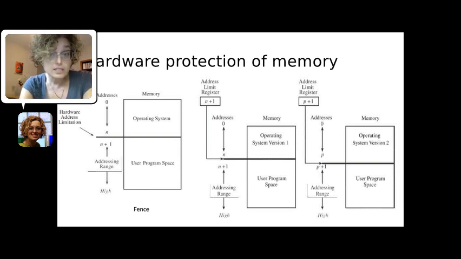And this address register can change, as you can see in the third picture. It can become from N to P and maybe grow a little bit the memory that the operating system may need, or vice versa, grow the user space. So that's a little more flexible. This is an old implementation and it's currently not used in modern operating systems. So we start from old implementations of hardware memory protection, and we will end up with today's implementation of memory protection.